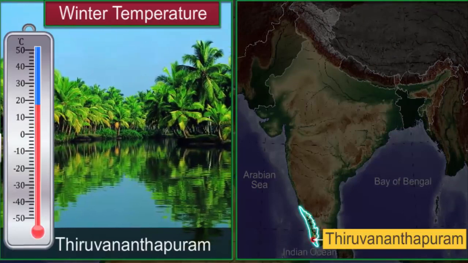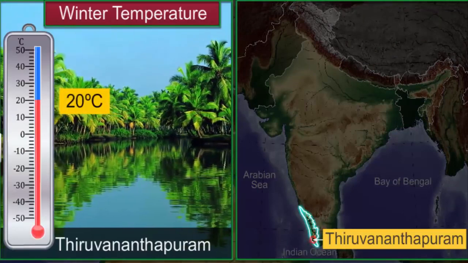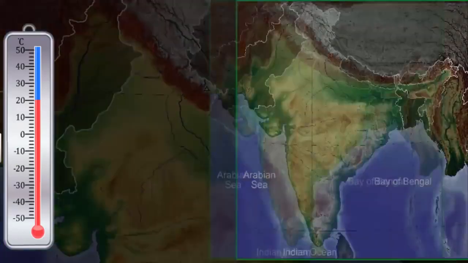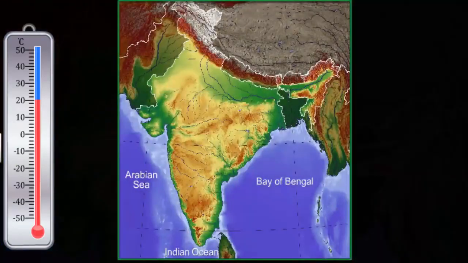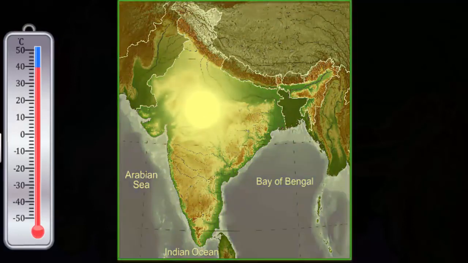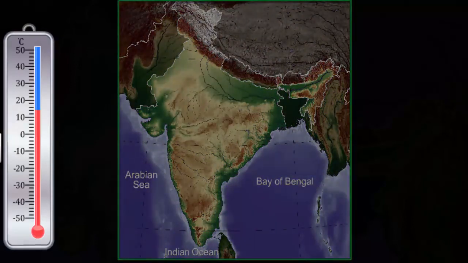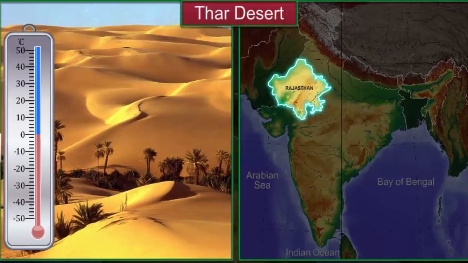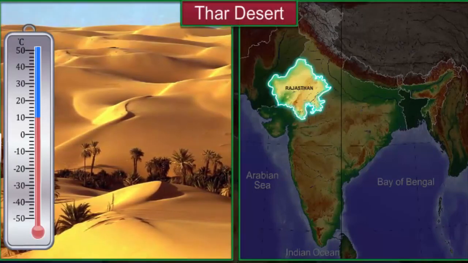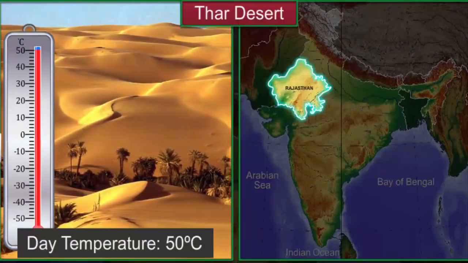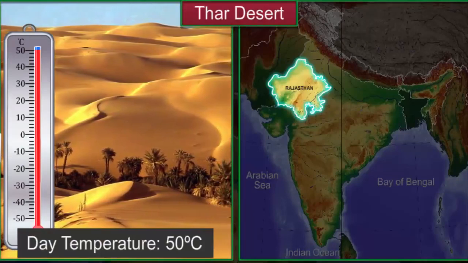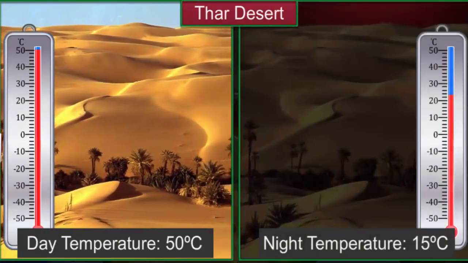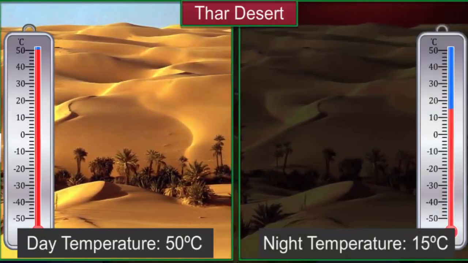Certain places experience a wide difference between day and night temperatures. For example, in the Thar Desert, the day temperature may rise to 50 degrees Celsius and drop to nearly 15 degrees Celsius at night.